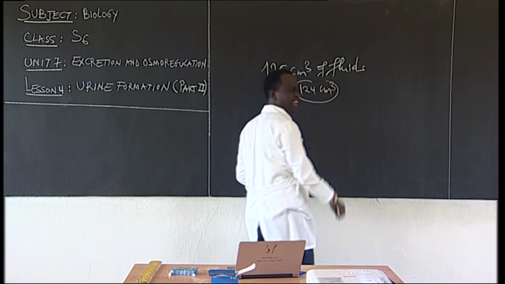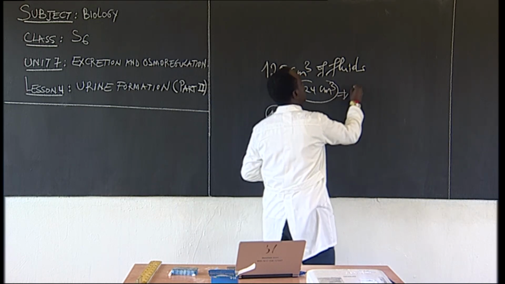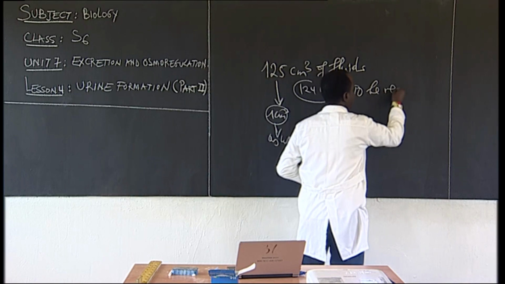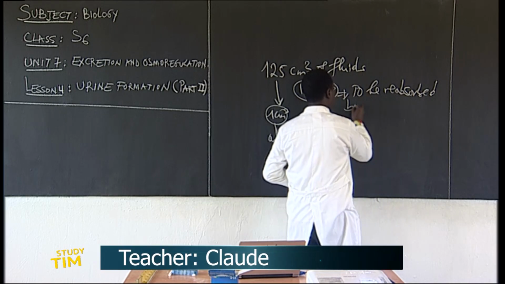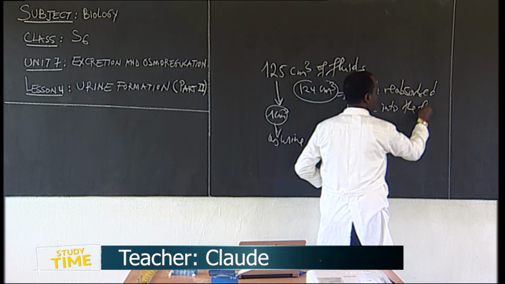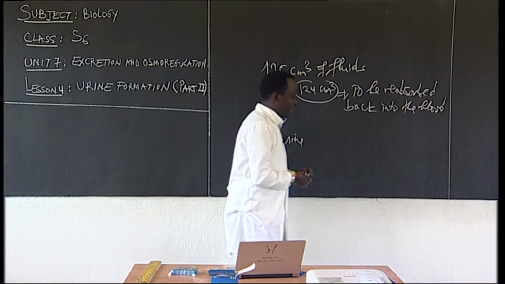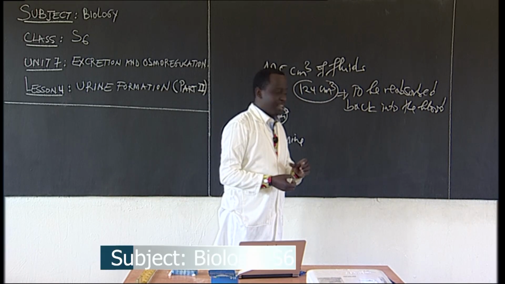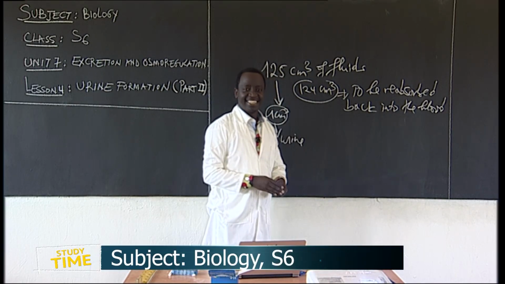Where this fluid has to go? 124. This has to be reabsorbed back into the blood to be transported to all parts of the body to be served. Are you getting this? So which means this is per minute.